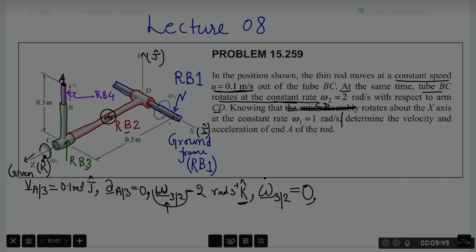I'll take a pause here and try to translate this information. The information given in the statement means omega 21 is 1 radian per second and it is directed along i.